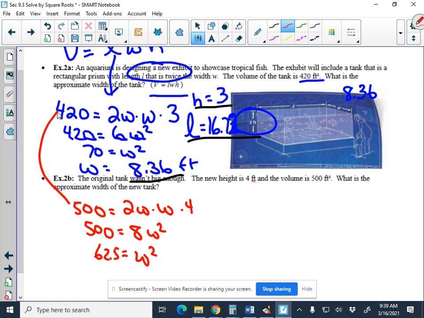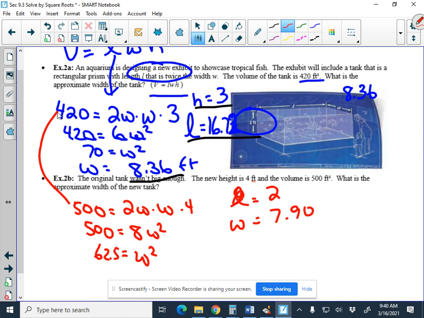Okay. So we know the length now is 2 times the width. Take the square root of that, and it's going to be 7 point something this time. Give me 2 decimals again. Square root of 62.5. 7.90.